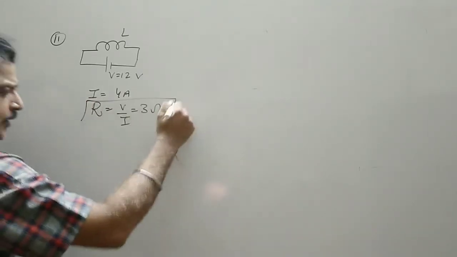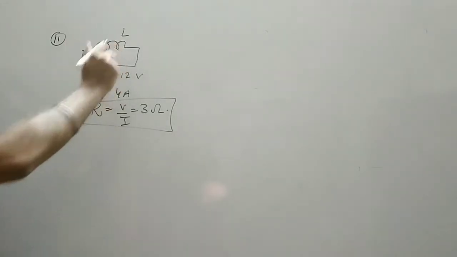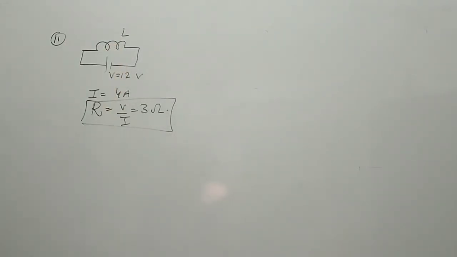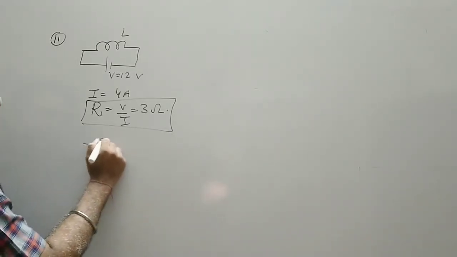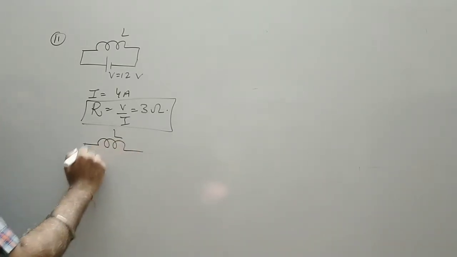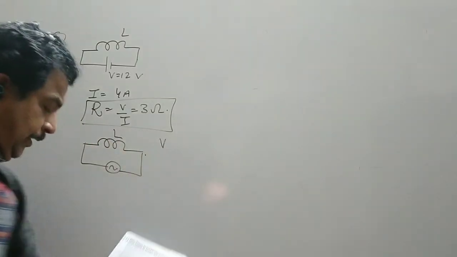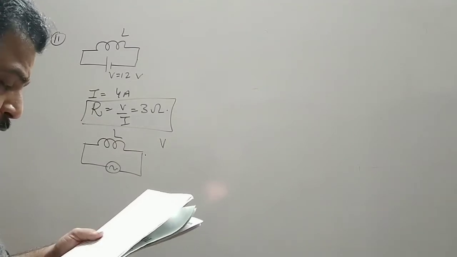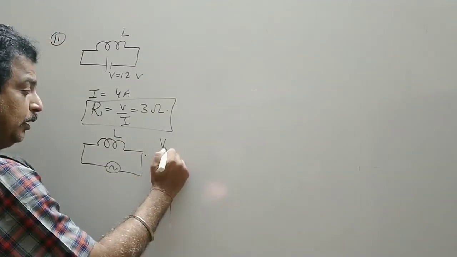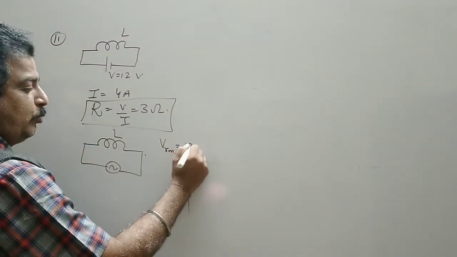Indirectly this is an RL circuit because the coil itself is made from a metallic wire. So the circuit is RL now. Now when it is connected to an AC source of 12 volt, that is our Vrms is equal to 12 volt.